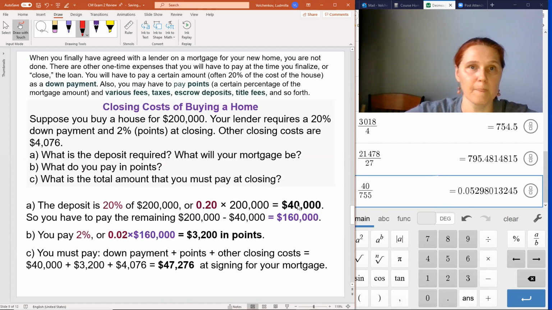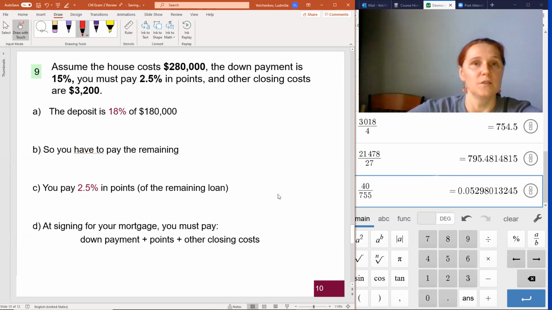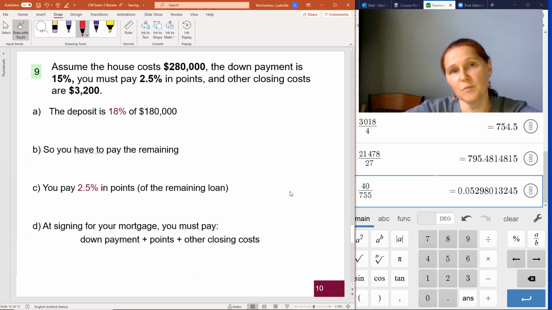And the last problem. Here is the example, and we will consider this one. Assume that the house costs $180,000. The down payment is 15%, and you must pay 2.5% in points. And the other closing costs are $3,200.